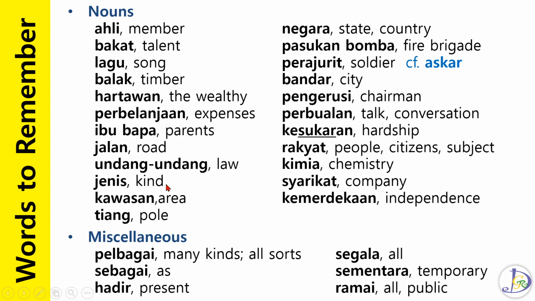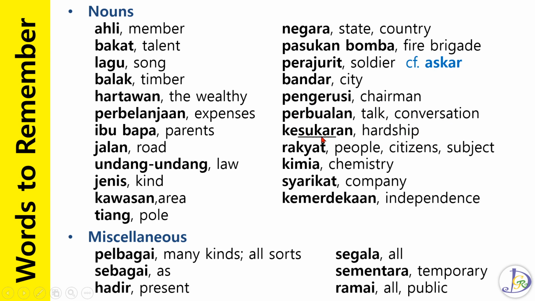Jenis, kind or type. Kawasan, area. Tiang, pole. Negara, state or country. Pasukan bomba, fire brigade. Prajurit, soldier. Another word is askar. Bandar, city. Pengerusi, chairman. Perbualan, talk or conversation.